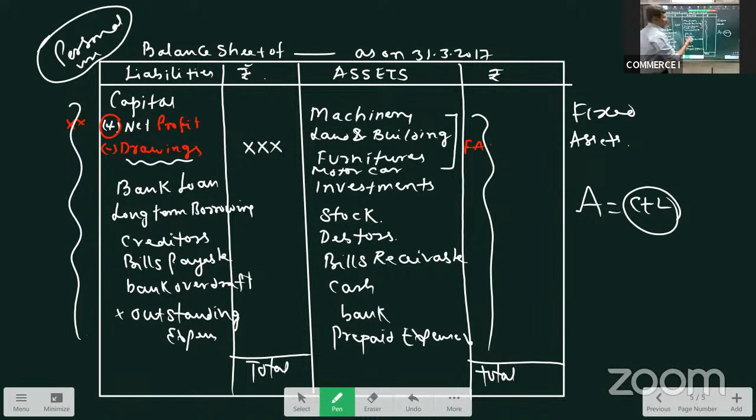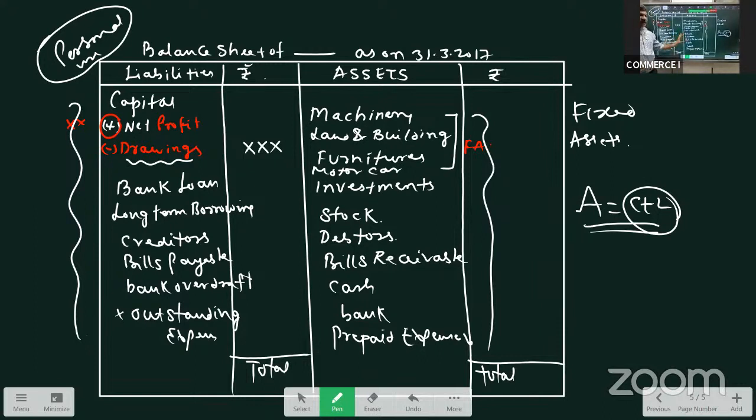Balance sheet is prepared based on this equation, so your left hand side total and right hand side total should be equal. This is one clue for you to understand whether you are right or wrong. Whether your solution is correct will depend on whether your balance sheet tallies or not. It's a small key clue; not always, if your balance sheet tallies, that you did everything correct. But still.